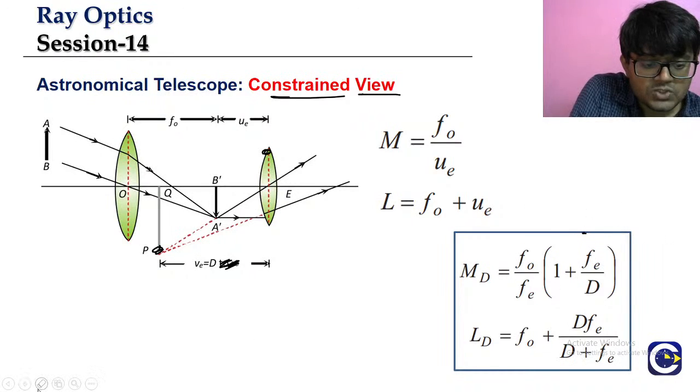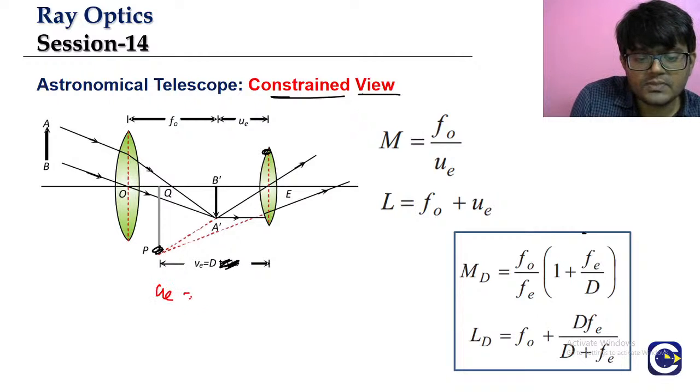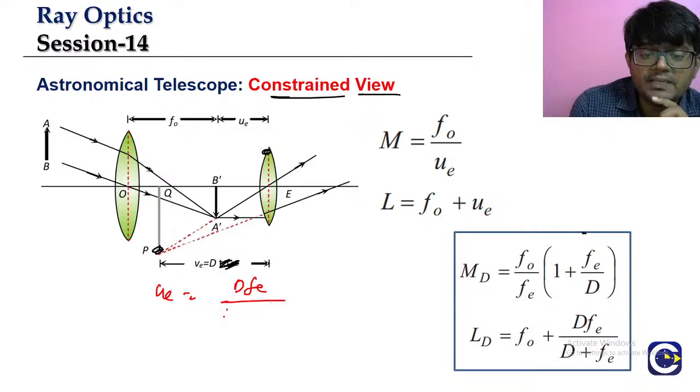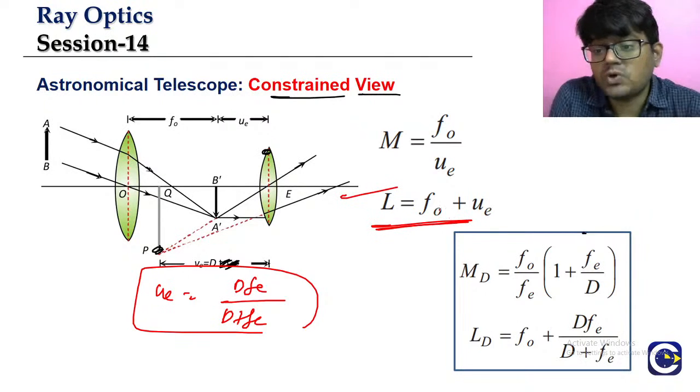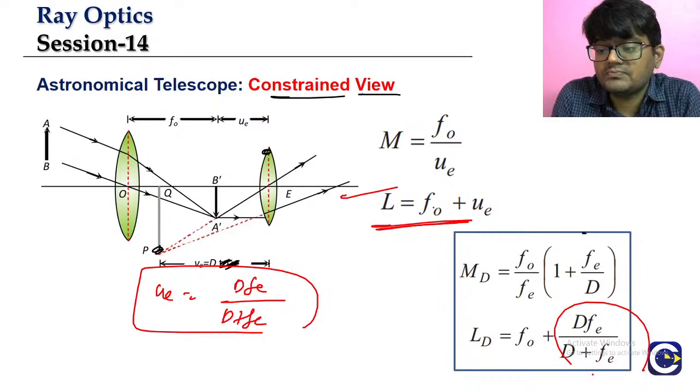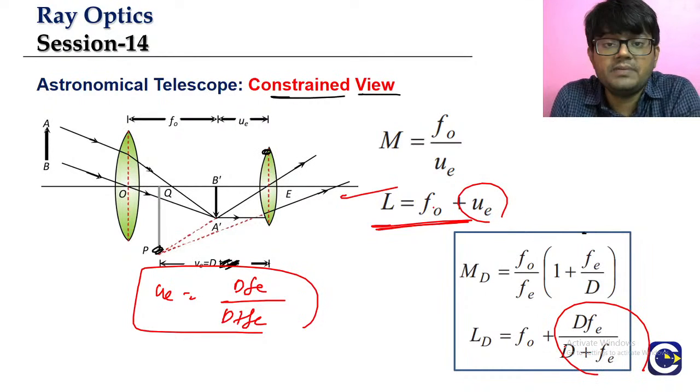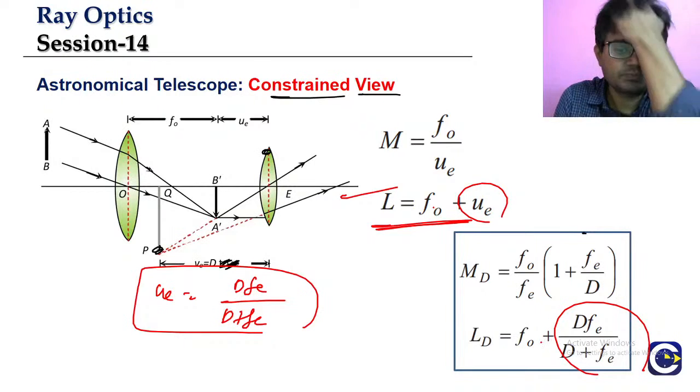So look at it, what we have. UE is D into FE by D plus FE. Now look at the length of the astronomical telescope: FO plus UE. In place of UE, what will we keep? D into FE by D plus FE.